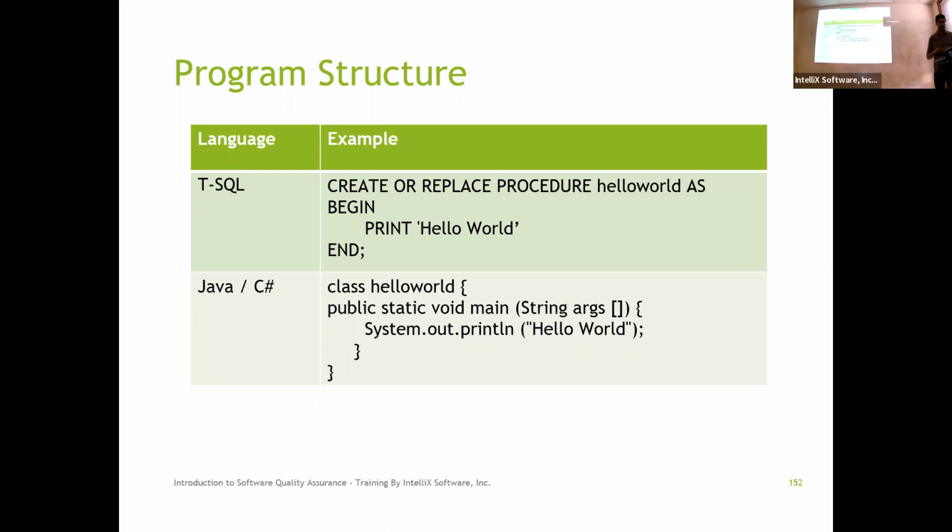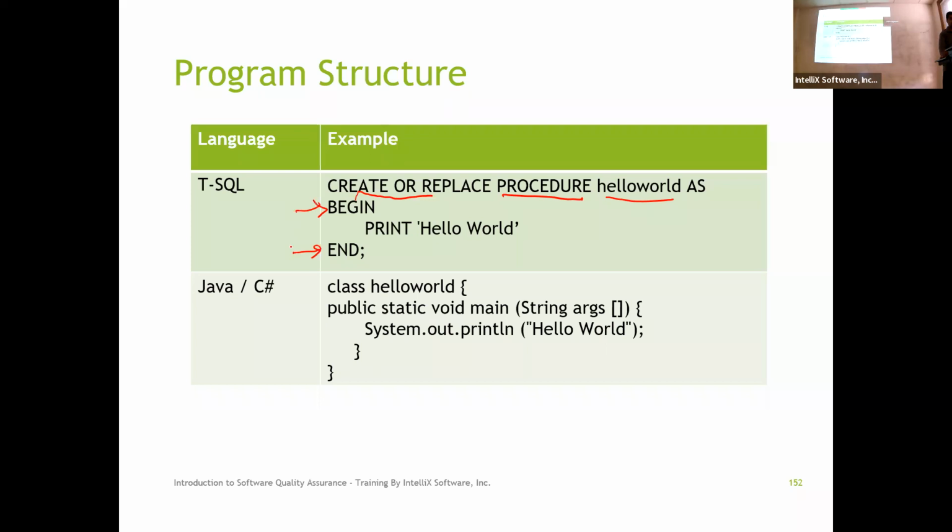If you look at the top, you have something known as the program declaration or block declaration. It says, 'I want to create a procedure, and the name of the procedure is hello world.' And I'm then creating a block.